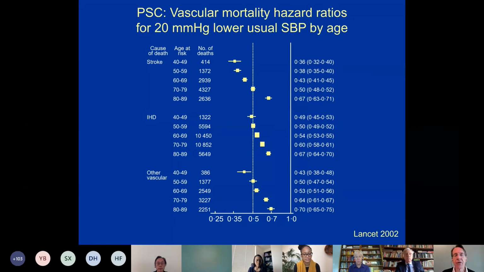So we move away from the idea of treating high blood pressure to the idea, as has now been much more widely adopted with, say, cholesterol lowering, of treating high risk and lowering that risk irrespective of the blood pressure or, to take the other analogy, cholesterol level.